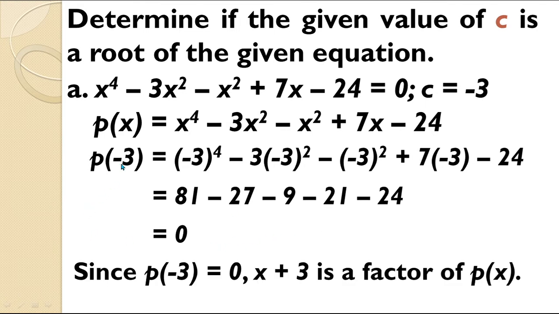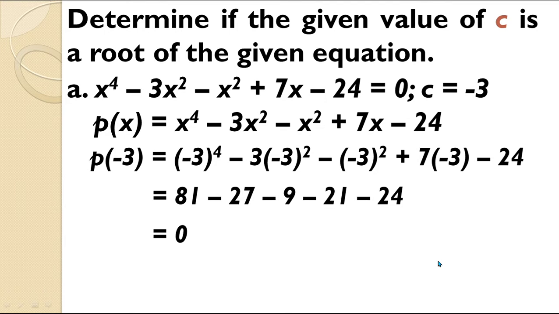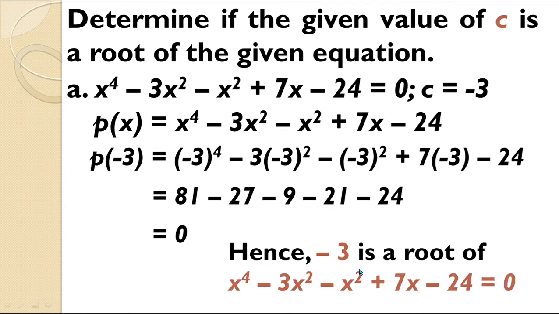Since p of negative 3 is equal to 0, x plus 3 is a factor of p of x. So, kapag 0 yung ating nakuha, meaning the given binomial or yung given value of c ay factor ng given polynomial. So, yung negative 3 ay root ng given polynomial.